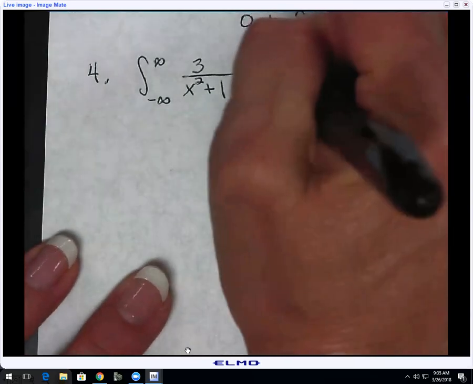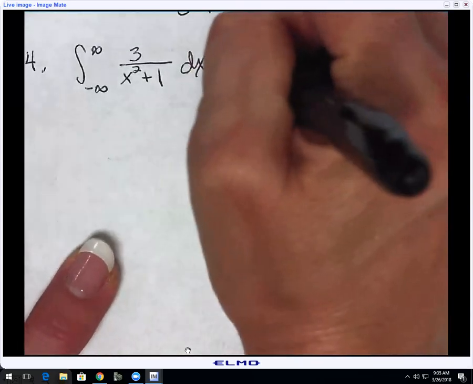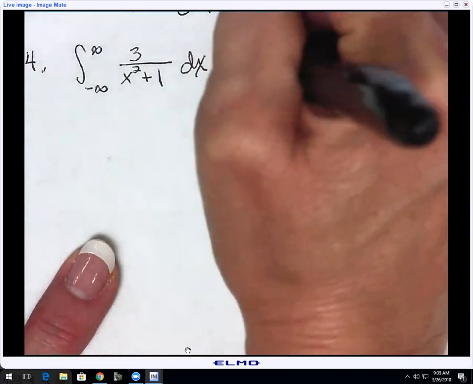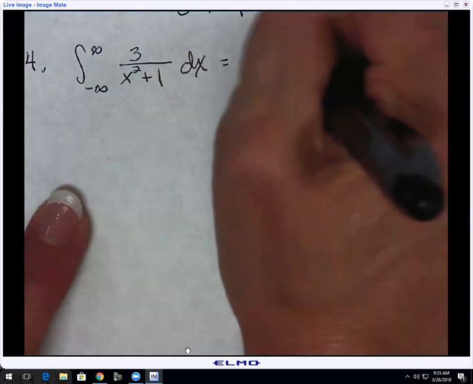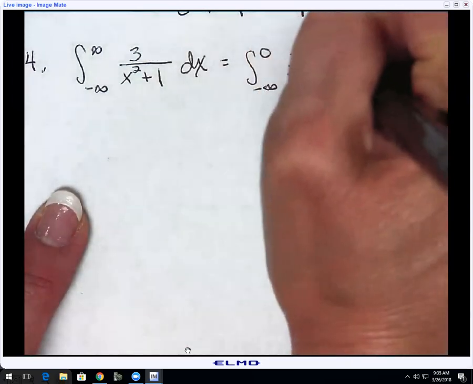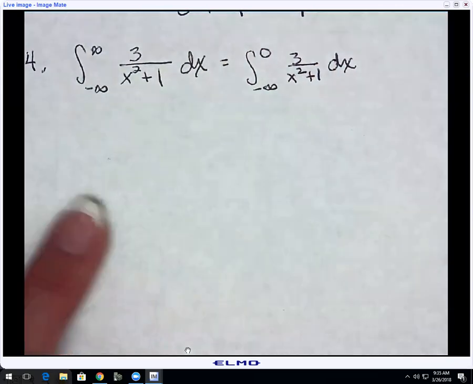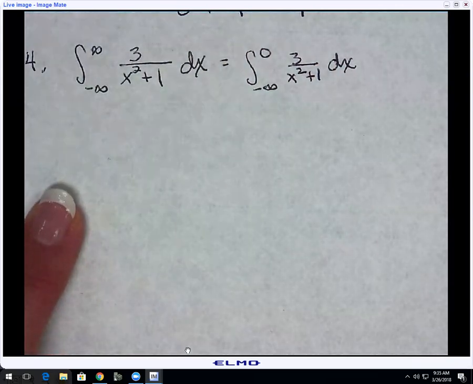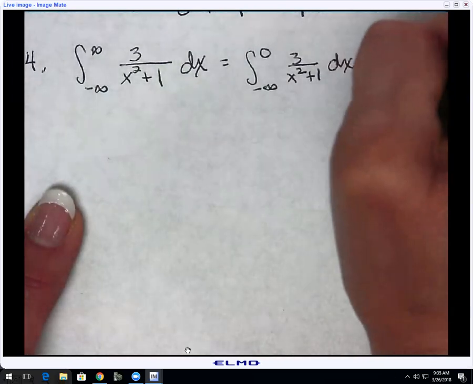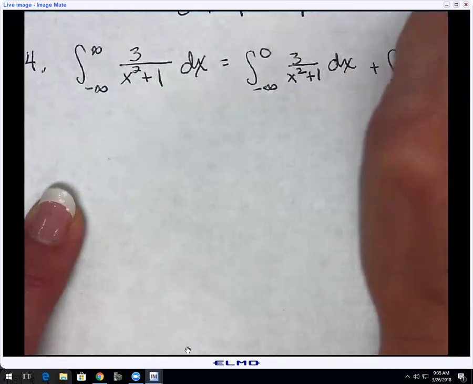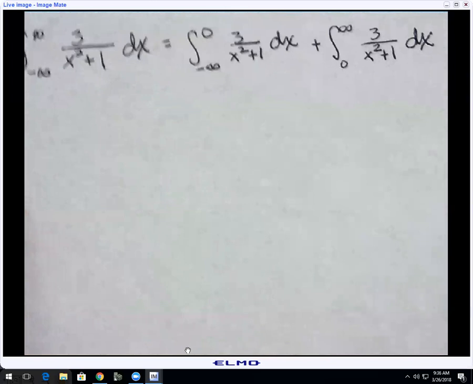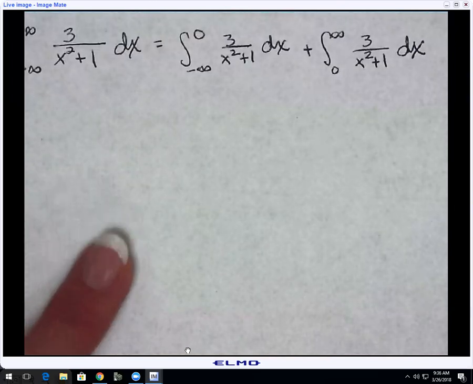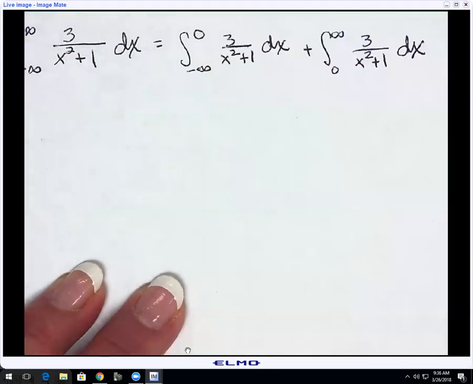All right, so we're going to split this up into the integral from negative infinity to some point we've chosen to be a, and another integral from 0 to infinity. So we're just doing 2 baby limit problems similar to the ones that we've been doing.